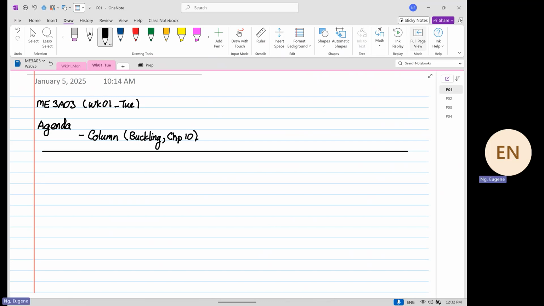So the critical load before buckling will occur.